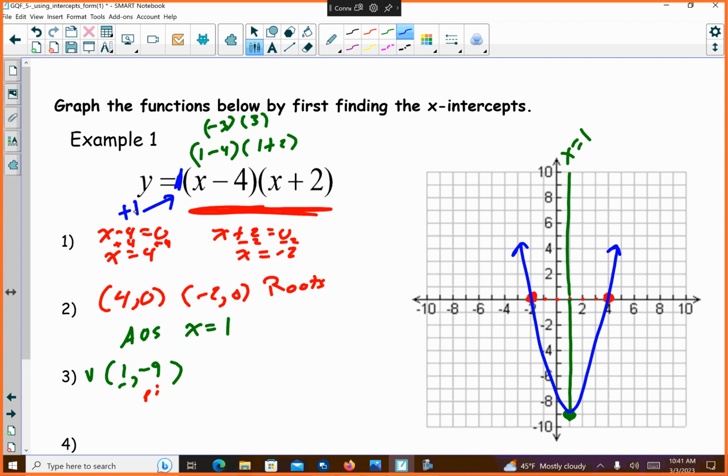Notice I didn't really pattern graph, because I found the x-intercepts, the roots, since it was factored. I set my factors equal to 0, found those exact values, figured out halfway in between them, and then plugged in my values. We good?